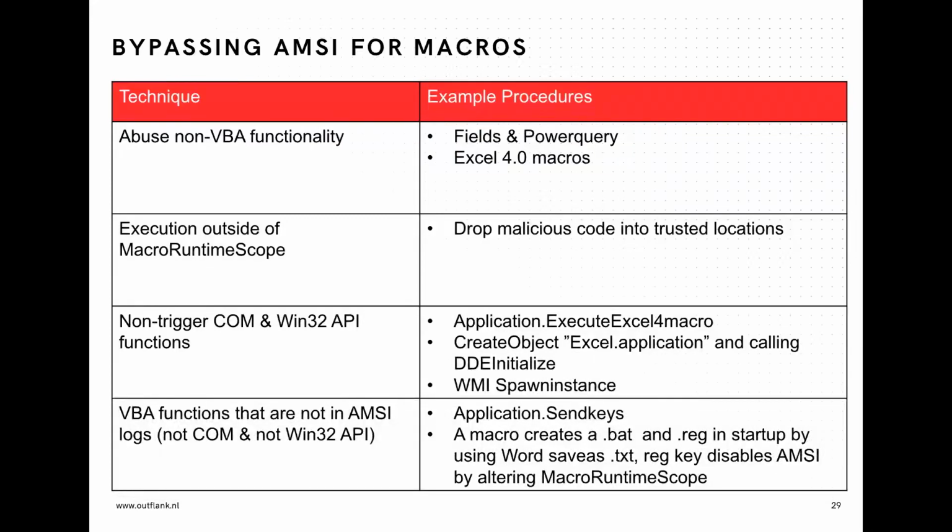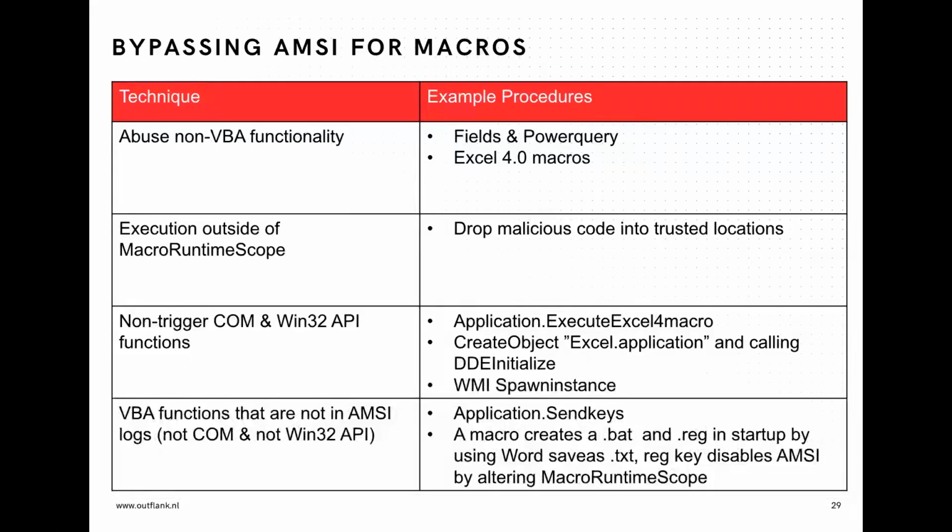If we do that in a smart way, we drop that in the startup directory, then suddenly we just drop a bat file which says import this reg file, and in the reg file we say disable the MZ engine or set this macro runtime scope to disabled. And this is all stored in HKEY current user, so that's very nice for us. We can write there. So the next time the system reboots, we have disabled MZ for Word, and we can go along and have a lot of fun without MZ intercepting.